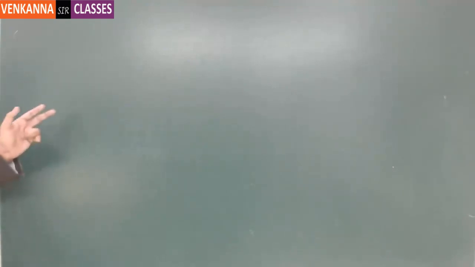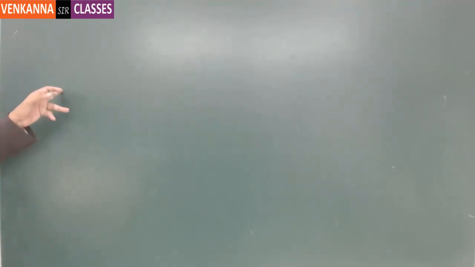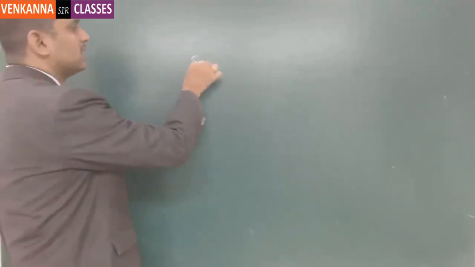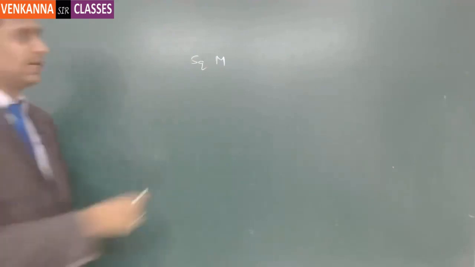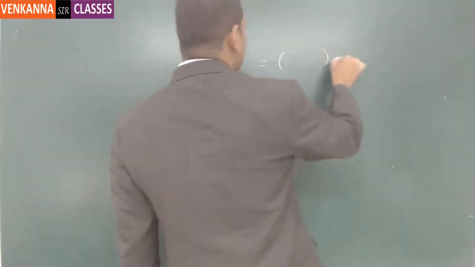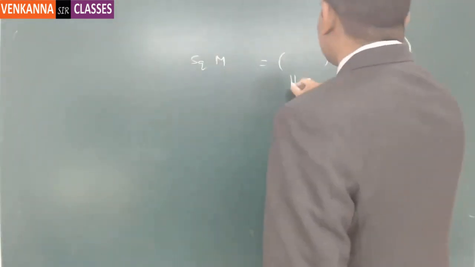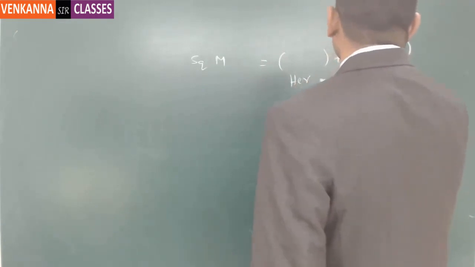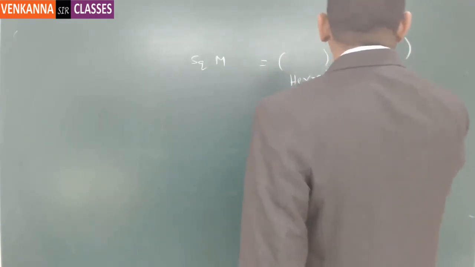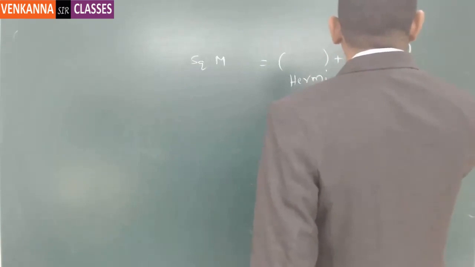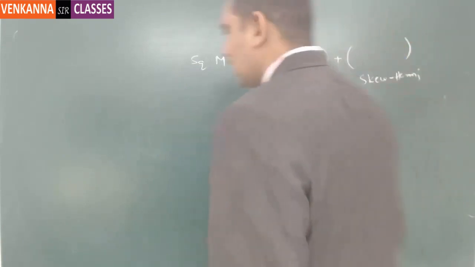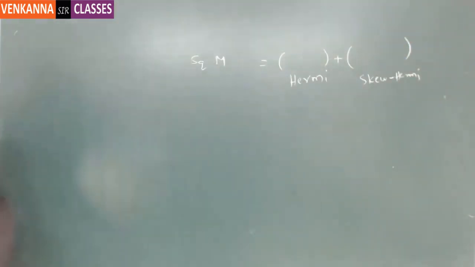As we have observed, every square matrix can be written as a sum of a symmetric and a skew-symmetric matrix. Similarly, whenever you take a complex square matrix, it can be represented as the sum of two matrices: one is a Hermitian matrix and the second is a skew-Hermitian matrix. How is it done?